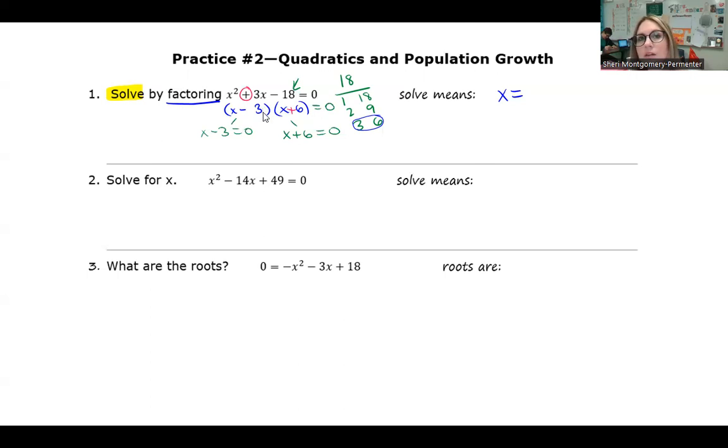So -3 times 6 would give you -18, and 6 minus 3 gives you 3. If I solved for X, I would have to add 3 here and subtract 6 here. So I get X is equal to 3 and X is equal to -6.